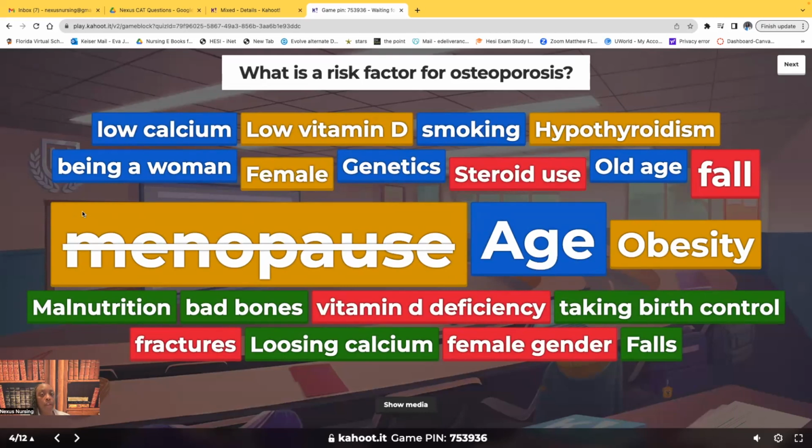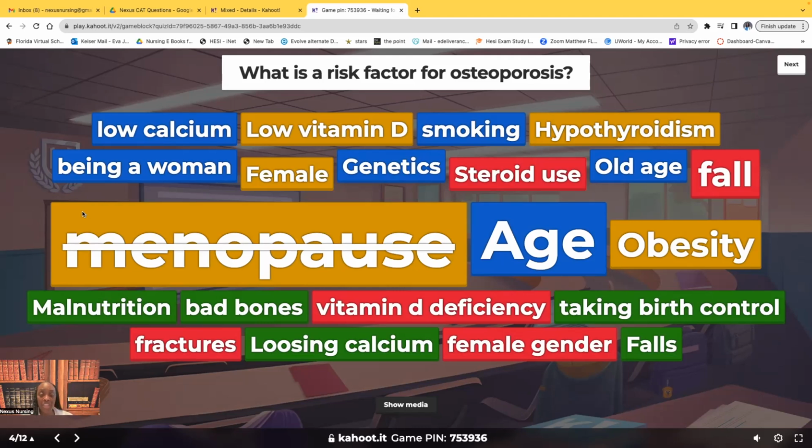Risk factors for osteoporosis. Yes, being a female, being an older female, being a postmenopausal female. Remember, guys, when you go through menopause, that's when the estrogen level is severely decreased. And estrogen is to the woman what testosterone is to the man.